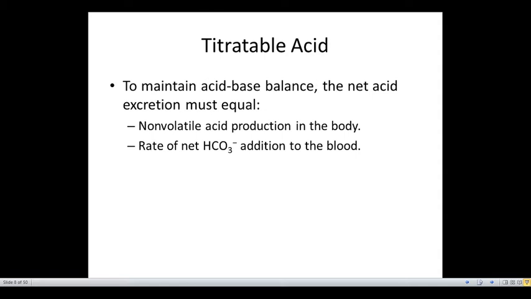To maintain acid-base balance, the net acid excretion must equal number 1, non-volatile acid production in the body, and number 2, it must equal the rate of net bicarbonate ion addition to the blood.